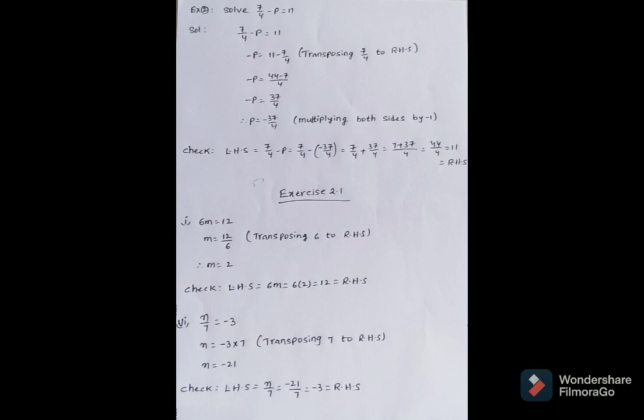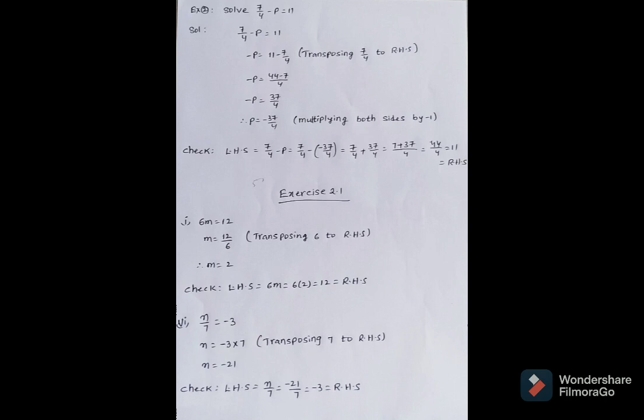So division is transposing to RHS. It will change to multiplication. So n is equal to minus 3 into 7.